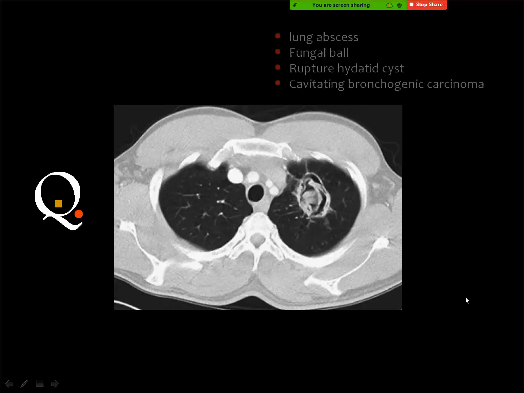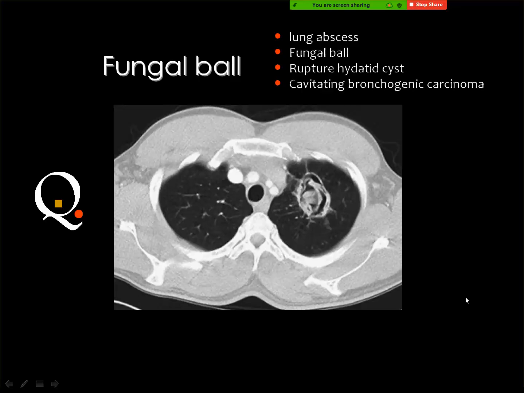Yes, and this is the fungal ball, because if you got rupture of the hydatid cyst, you would get an air fluid level and the water lily sign. If you are confronted by a question like this, this is not an abscess, of course, and the fungal ball is a good possibility. Ruptured hydatid cyst, no. Cavitating bronchogenic carcinoma, no.